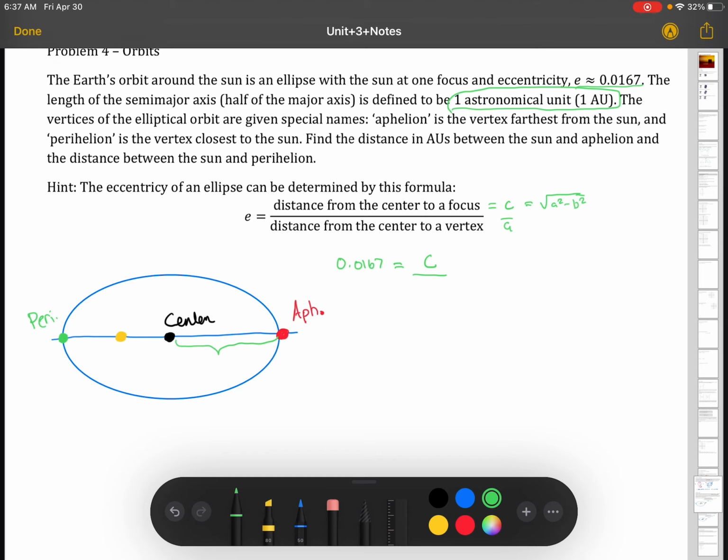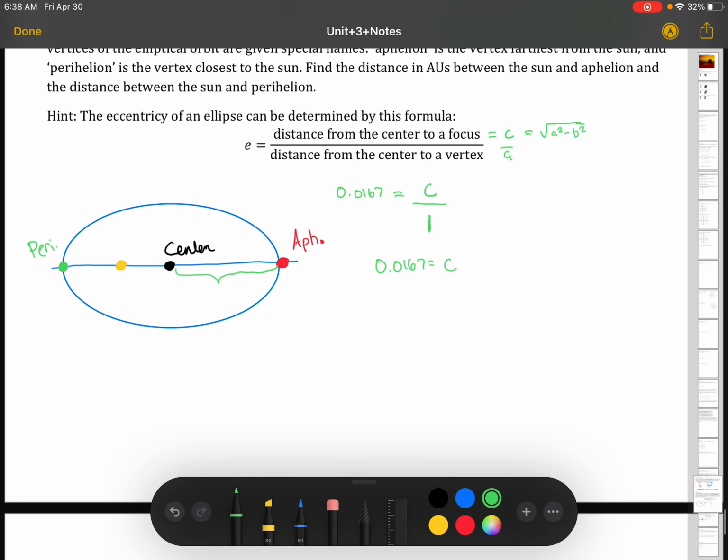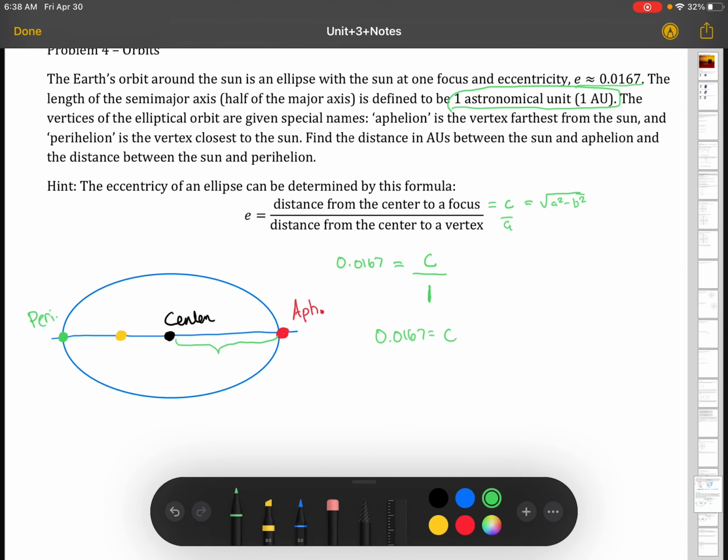So a is 1. So easily we can solve for c. 0.0167, if we multiply by 1, is equal to c.